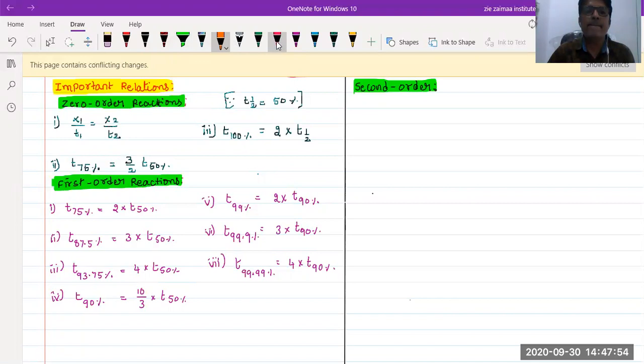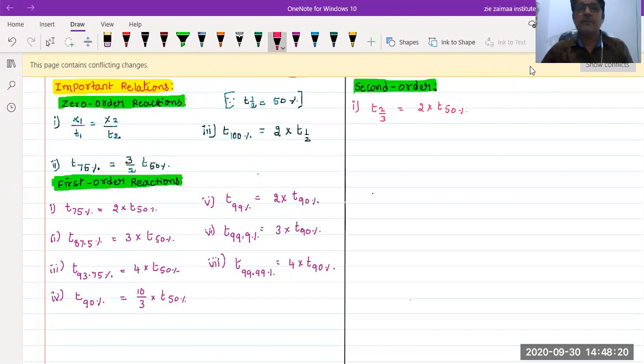First formula for the second order. Next, if T 2 by 3 is taken, T 2 by 3 is equal to 2 into t half, that is 2 into T 50%.